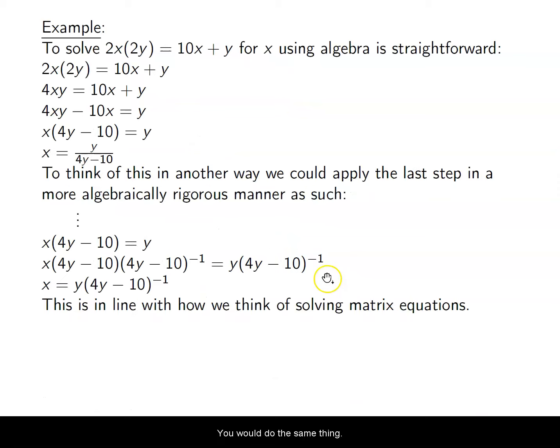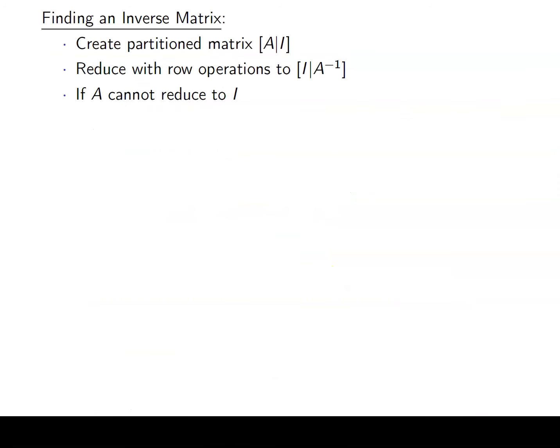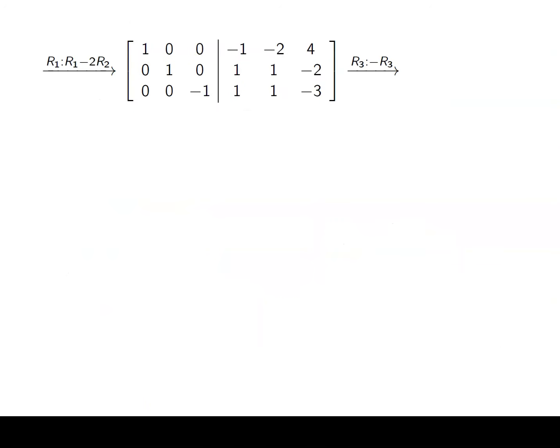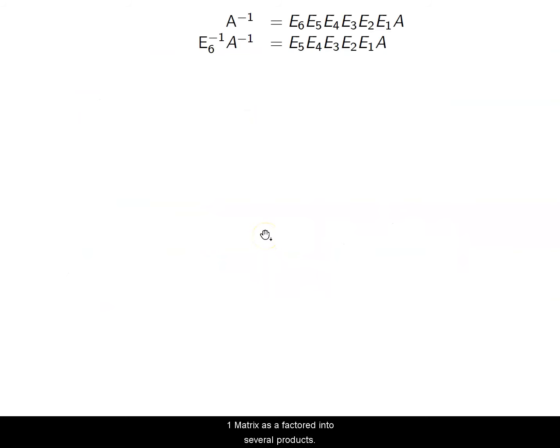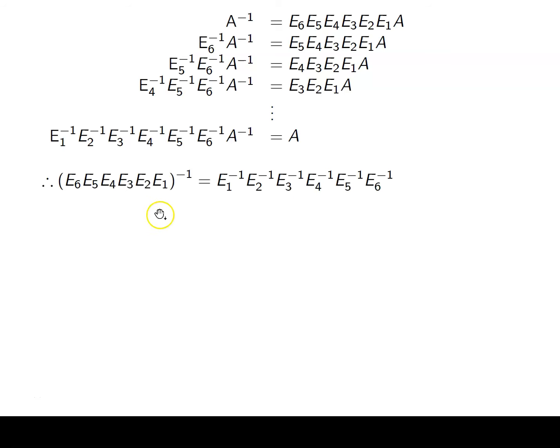Okay, you would do the same thing if you had one matrix that was factored into several products. Okay. So the orders all switch, and they each get their inverse is the equality that we can show here. Okay. So again, a good property to understand about inverses and how they work, very similar to when you're transposing a product as well. Okay.